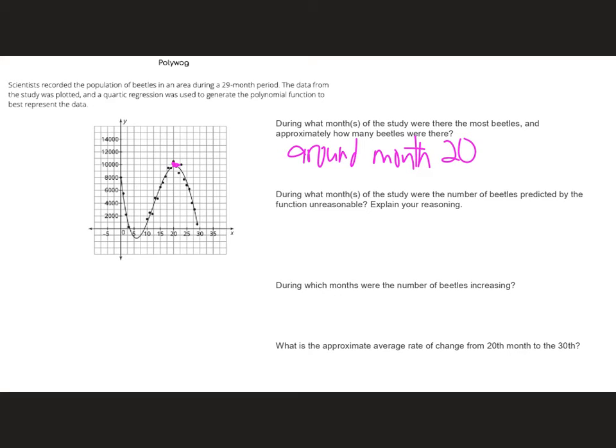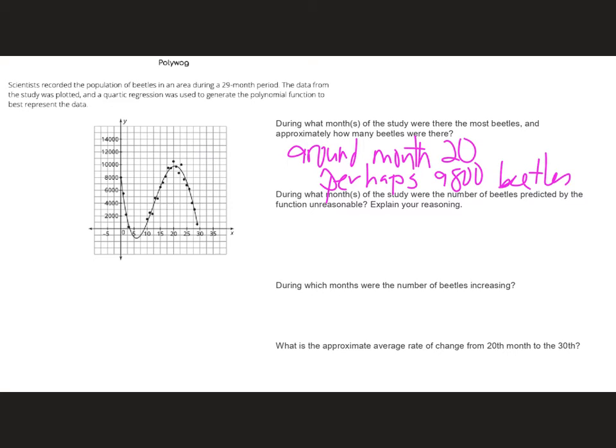And there are approximately, that's 8,000, not quite 10,000, more than 9,000, perhaps 9,800 beetles. And if you get in the ballpark, cool.